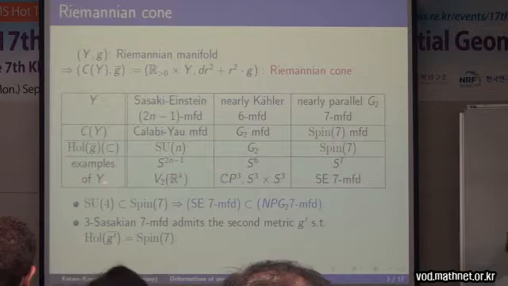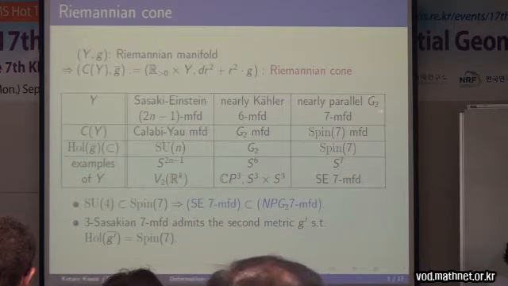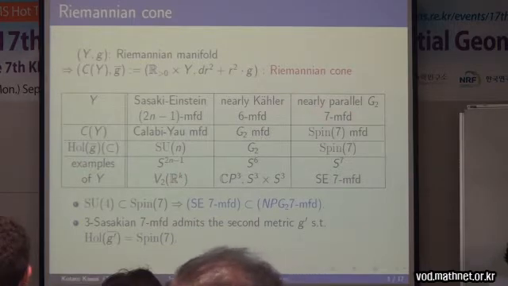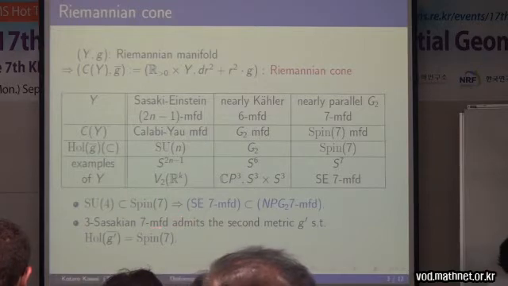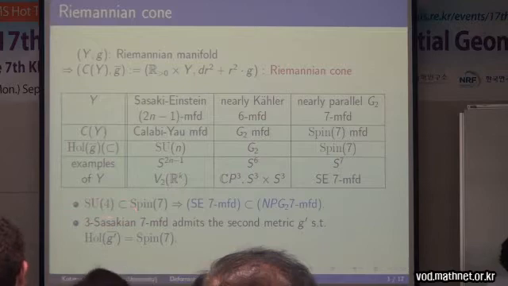A typical example of nearly parallel G2 manifolds is S7. Moreover, nearly parallel G2 manifolds have many examples. First of all, the Lie group Spin(7) contains SU(4), the special unitary group.